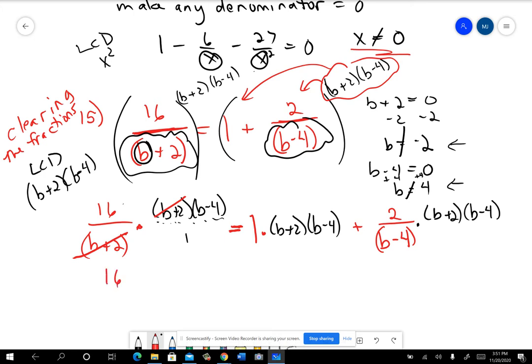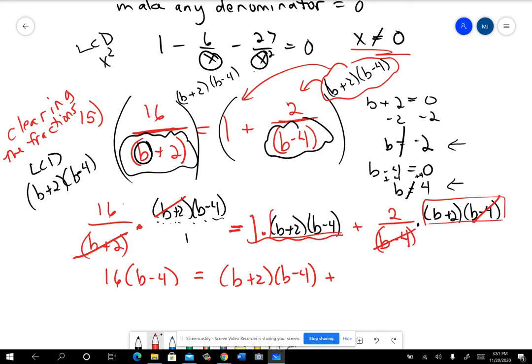So here we have the 16 times the b minus 4. Okay. Then over here, nothing cancels. We just have 1 times b plus 2 times b minus 4. We'll multiply that out in a minute. And then over here, do you see how there's a b minus 4? That'll knock out the b minus 4 on top. The reason we picked b plus 2 and b minus 4 to be part of our LCD is because by using both of those, I'm knocking out the denominators.